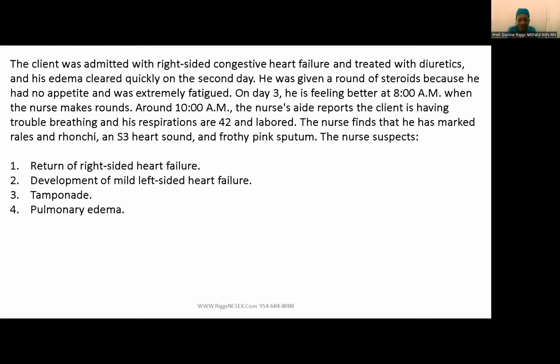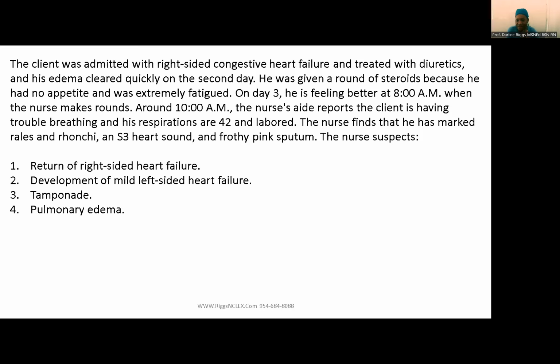Around 10 a.m., the nurse's aide reports the client is having trouble breathing and his respirations are 42 and labored. The nurse finds that he has marked rales and rhonchi and an S3 heart sound and frothy pink sputum.